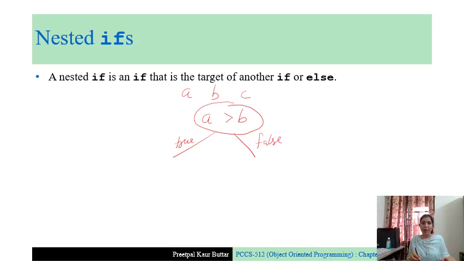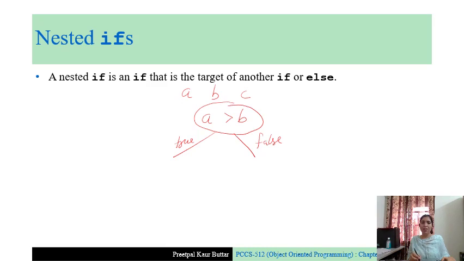A can be greater than B or A can be smaller than B. For the sake of simplicity and understanding, we are assuming that none of these numbers is equal to any other number. That is, all the numbers are distinct, right? So A can be greater than B or A can be smaller than B.